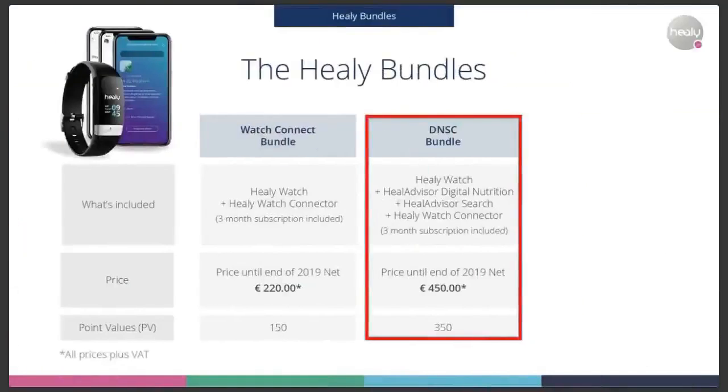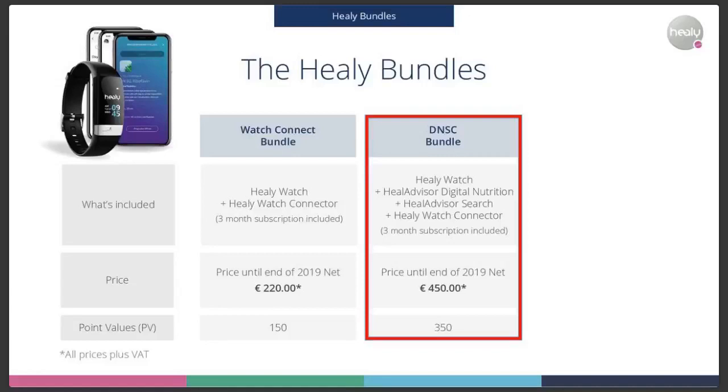Now we also have a bundle price. We have a bundle, which is our DNSC bundle, which includes our HealAdvisor Digital Nutrition, HealAdvisor Search, and the HealAdvisor Connector. So it's an all-round bundle. The price until end of 2019 is 450 euro for 3 months, and this will give you a point value of 350 PV.